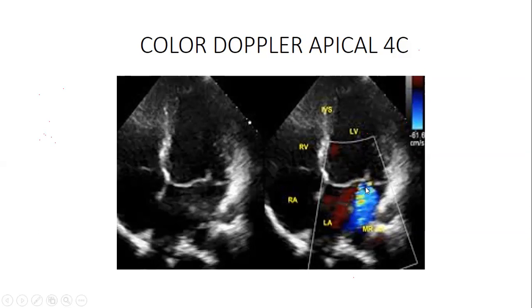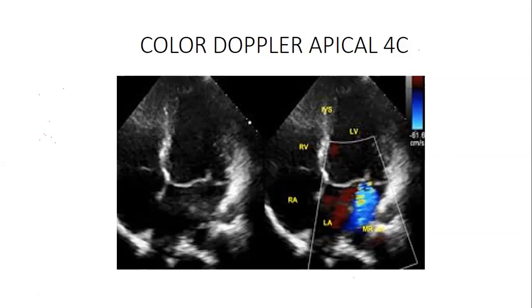This is how regurgitation appears on echo. Regurgitation is when blood is going back from the left atrium. Physiologically, blood must not go back to the left atrium. So it's appearing blue. Just this is enough for me to say this is a regurgitation.